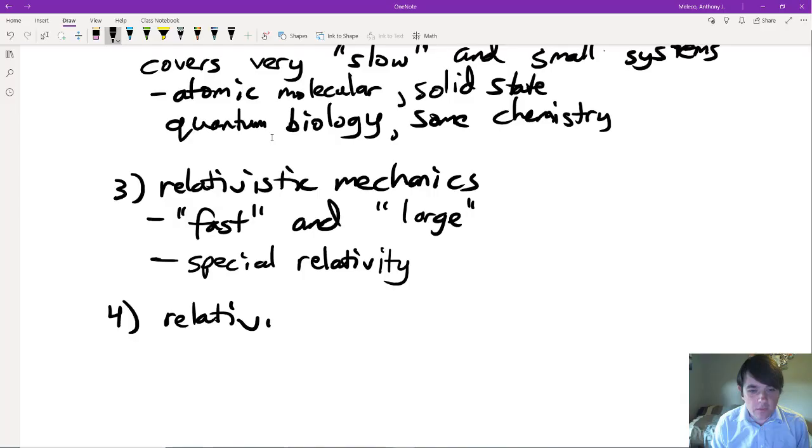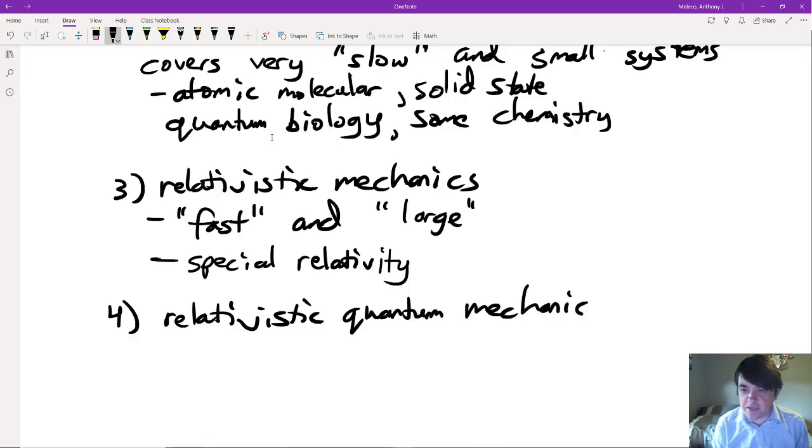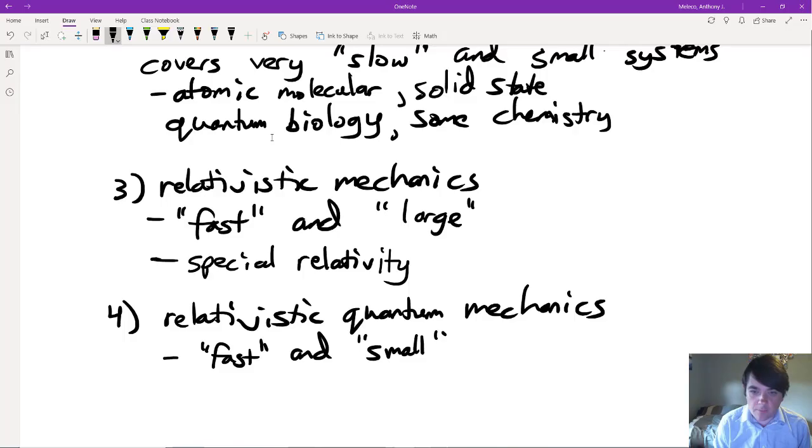So the last thing that physics is split up into is relativistic quantum mechanics. You can see these are divided up based on how fast you're going and your size. So this would be fast and small.